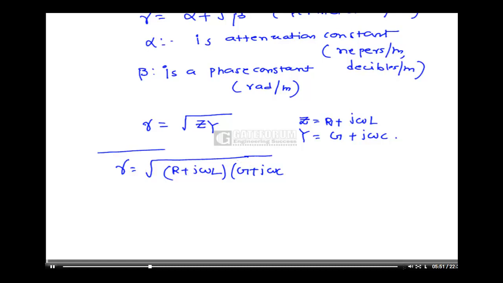So this is an important thing you have to keep in mind: the propagation constant in terms of primary constants of a transmission line. Gamma is equal to square root of (R plus j omega L) into (G plus j omega C).